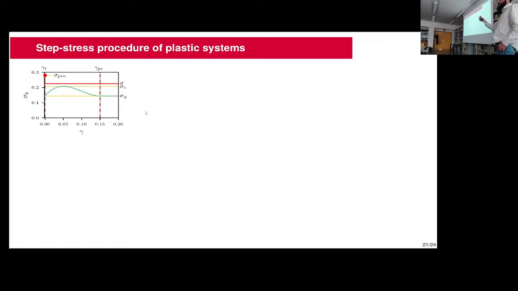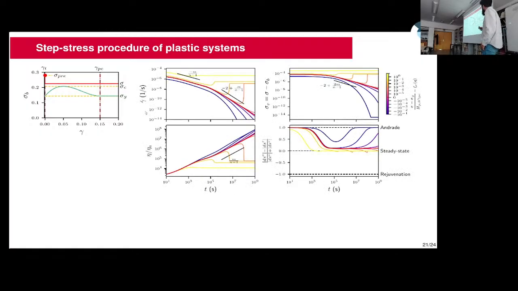So we have a different value of the order parameter, and then we apply a stress that is lower than this reference Herschel-Bulkley stress. And in this case, similar to the step stress case for elastic systems, you start with a viscosity-dominated regime because you do not have a structure in your system, but then you have a transition from this viscosity-dominated regime to a visco-elastoplastic creep regime.